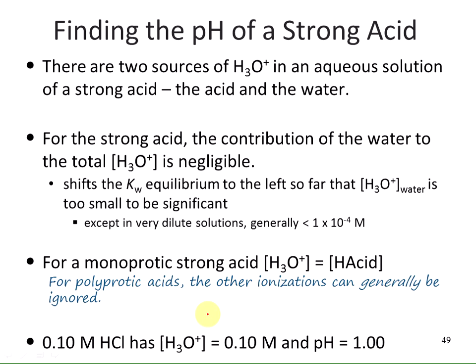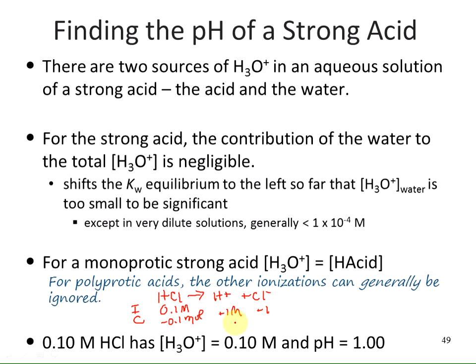So another way to think about this is because the HCl is a strong acid, it completely dissociates. So this is a one-way reaction. If we start off with 0.1 molar, and this is our initial concentration, since this reaction goes completely to the right, our change is we're going to lose 0.1 molar to make 0.1 molar of the H plus and 0.1 molar of the Cl minus.